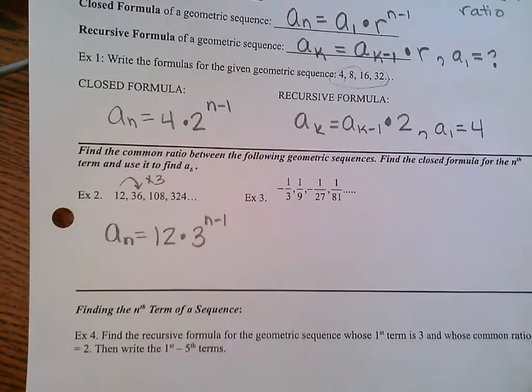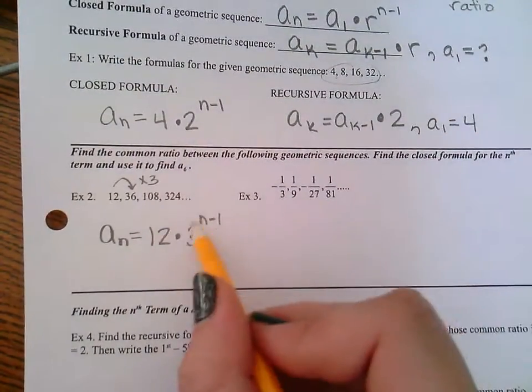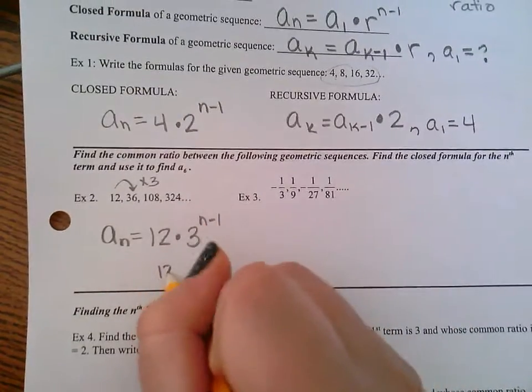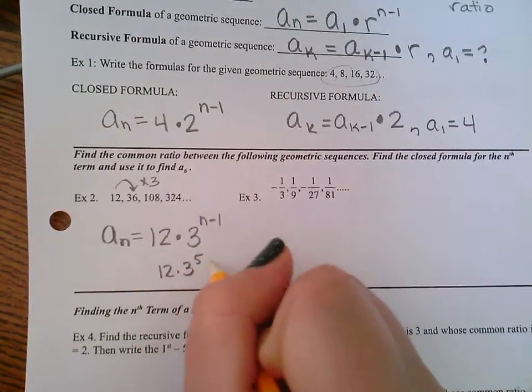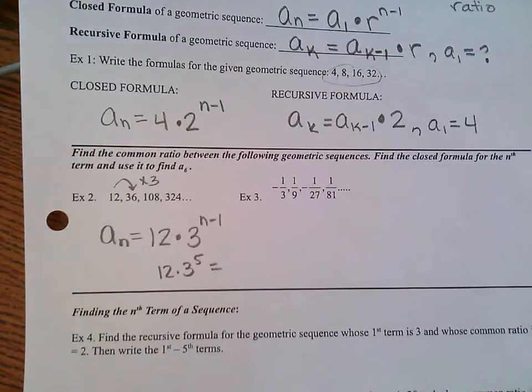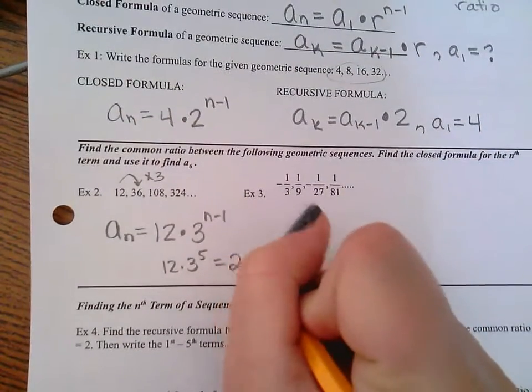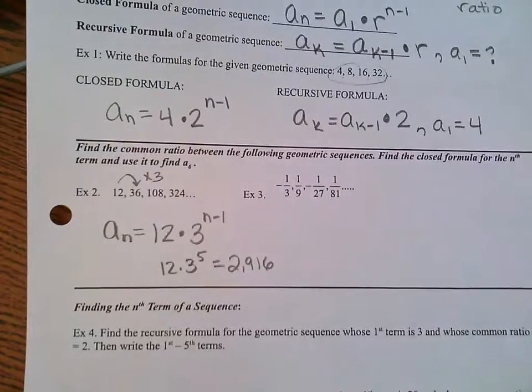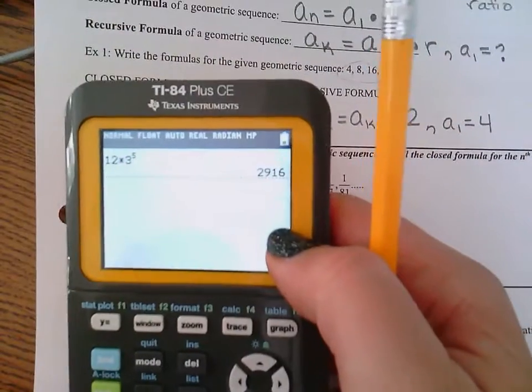And I'm going to plug in 6 over here, so that would be 12 times 3 to the 5th. So if I multiply 12 times 3 to the 5th, I get 2,916. So that was on my calculator. I did 12 times 3 to the 5th.